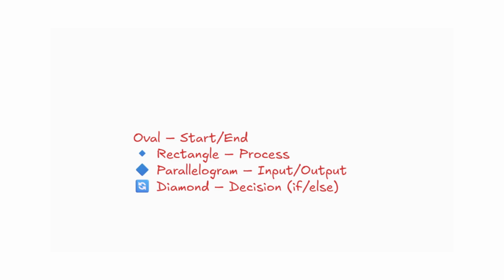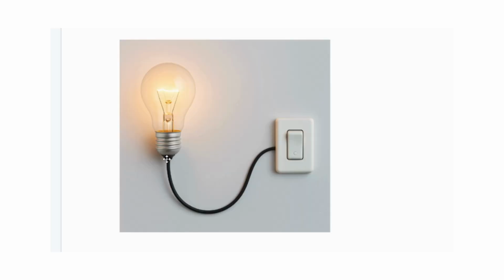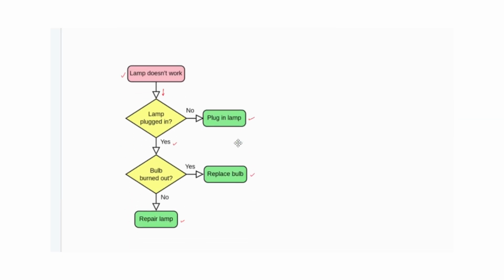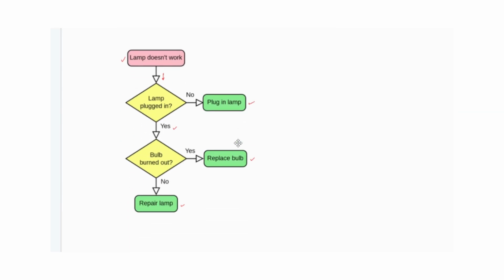Now let me give you an example, as here we saw the bulb and the switch case, right? It can be represented in a flowchart. First of all, there is a rectangle in which we see that the lamp doesn't work when we switch it on. Now this is the step where we need to make a decision. We check whether the lamp is plugged in properly or not.